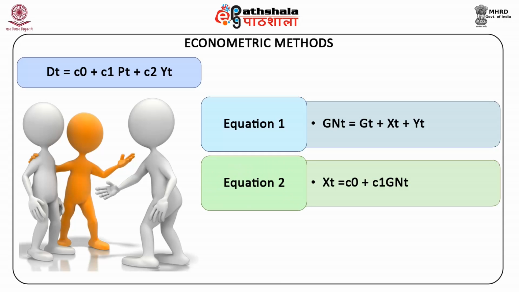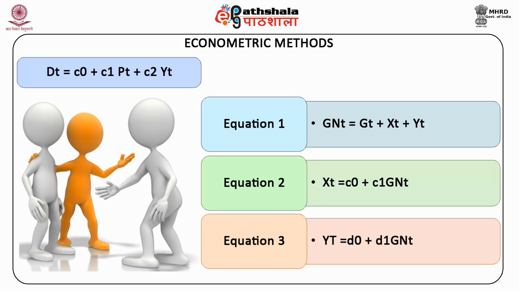This is equation 2. And YT = D0 + D1 times GNT. This is equation 3, where GNT is the gross national product for year T, GT is the governmental purchases for year T, XT is the gross investment for year T, and YT is the consumption for year T.